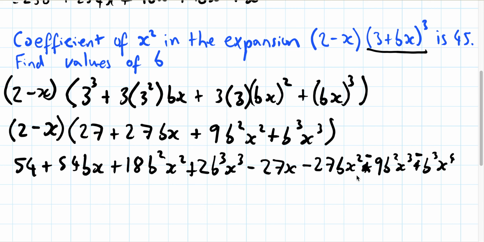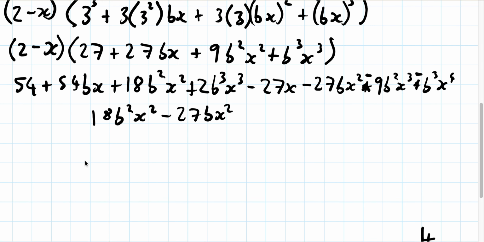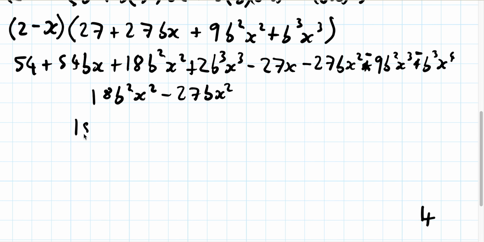Okay, so now it says the coefficient of x squared is equal to 45, so the x squared values, I'm just going to pull them out. 18b squared x squared and minus 27bx squared. So the coefficient of x squared is 18b squared minus 27b, and it says equal to 45.